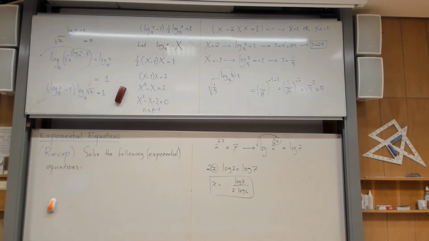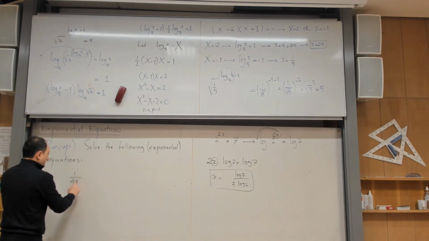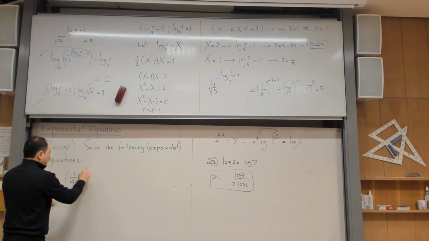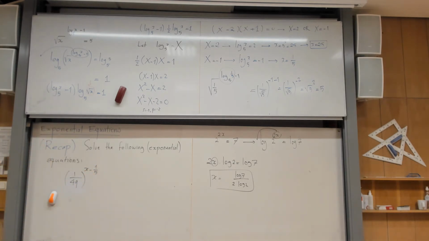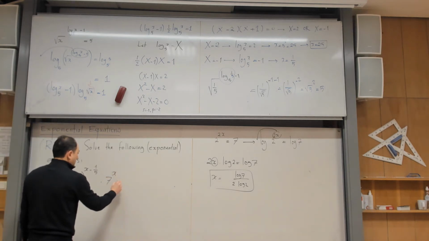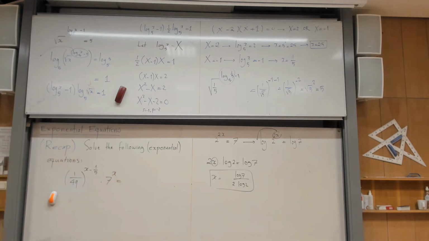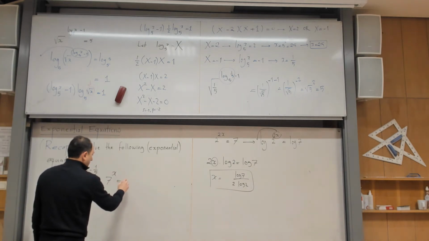Let me write this: (1/49) to the power of x minus 1/5 times 7 to the power of x is equal to 343. I don't know if that is hard.